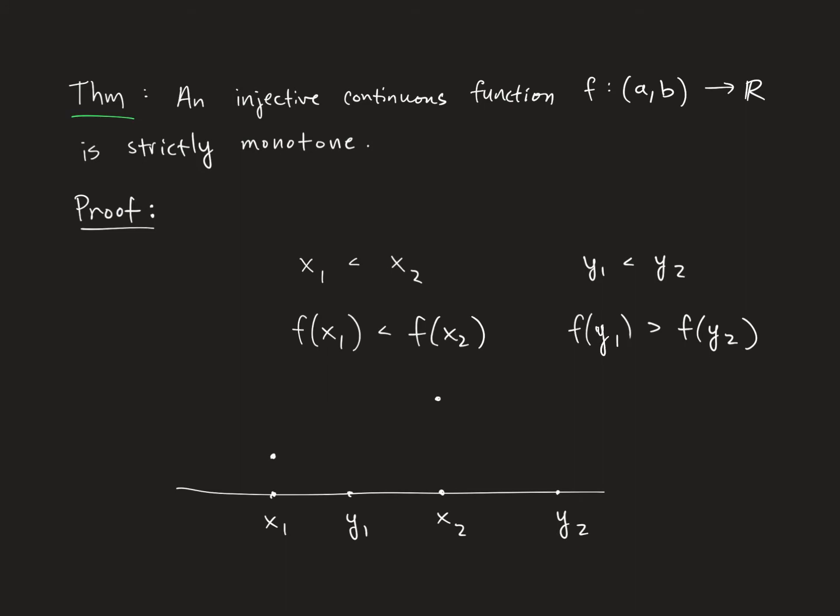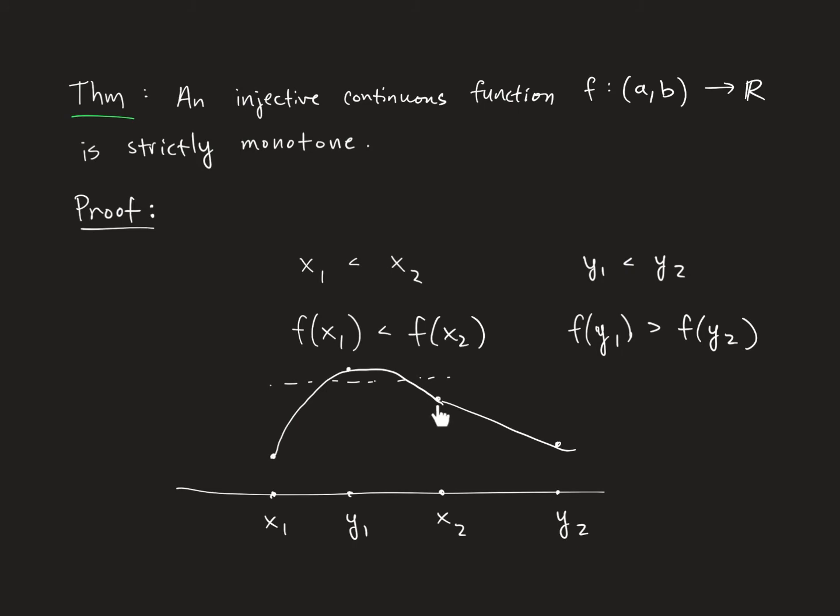Sorry about that. So then from here down to here. And so you can kind of see the way this function would have to go. Since it's a continuous function, it would have to be something like this, right? And then you would have a contradiction to injectivity. And you could make that precise with the intermediate value theorem.